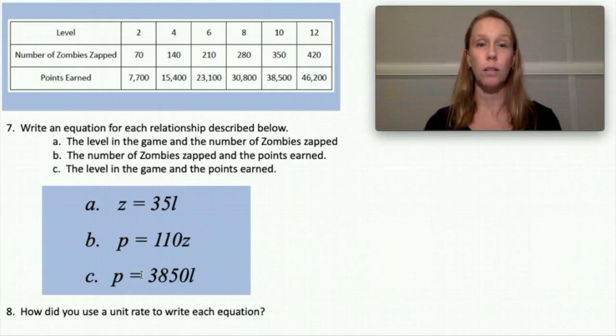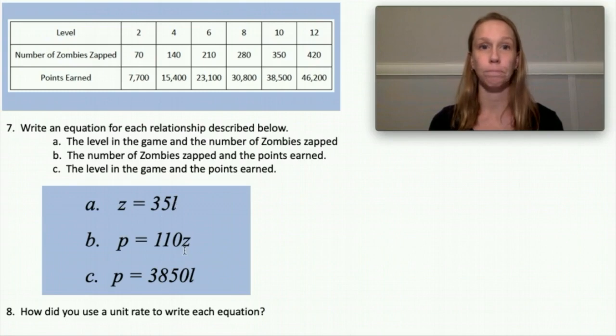And the last one, the level in the game and the points earned, every level has 3,850 points that you can earn with those zombies zapped, and that means I could figure out the number of points based on the level that I'm on. So you might notice in all of these equations, the unit rate is what we are multiplying the variable or the dependent variable by. So that unit rate helped us to figure out our equation.